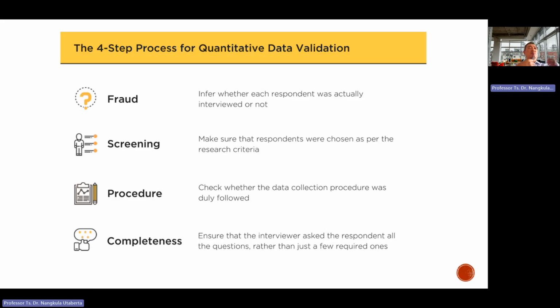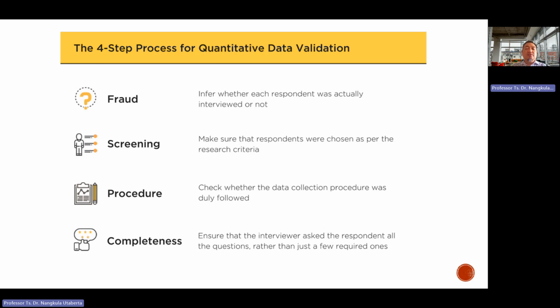We give our data to them so that they can do this checking procedure. Number one, they will check whether the data is true or fraud, because with some quantitative data, they're not actually collecting the data, or not actually distributing the questionnaire. That's why first we have to be sure that the process was running accordingly.